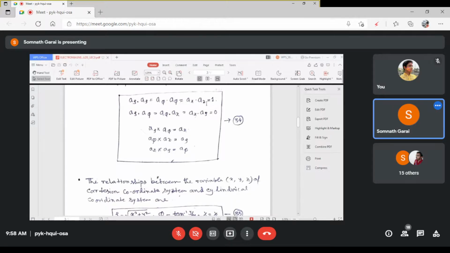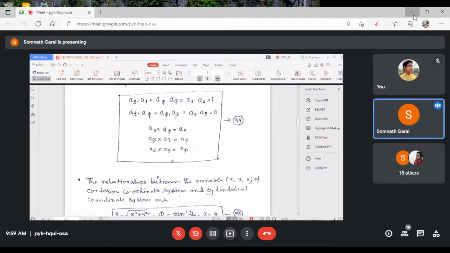That means the dot product of a unit vector with itself is equal to 1. And the dot product of different unit vectors of cylindrical coordinates is equal to 0. That's why a rho dot a phi, a phi dot az, and az dot a rho are equal to 0.